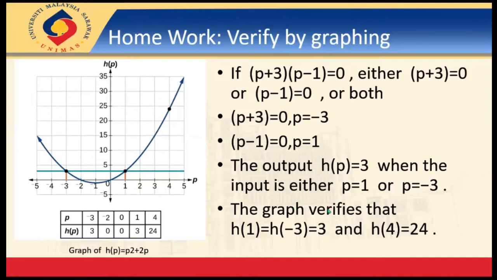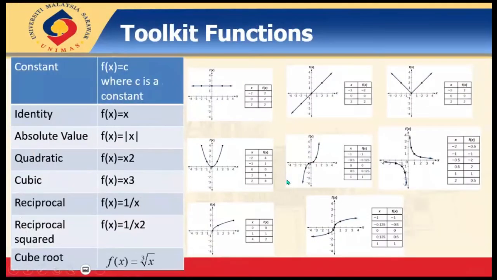So in this way, when we solve a function, we can represent it in a tabular form and in a graph also. Now there are some functions and their graphs that we can represent like this. Some functions have specific names.